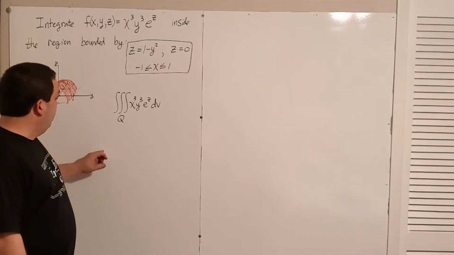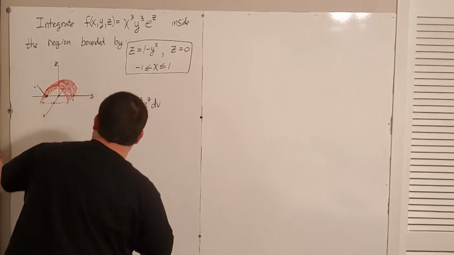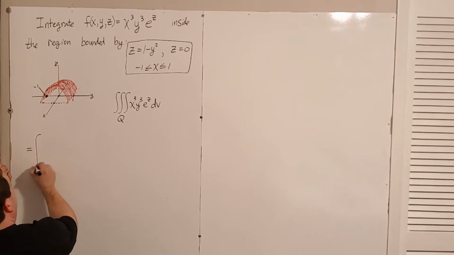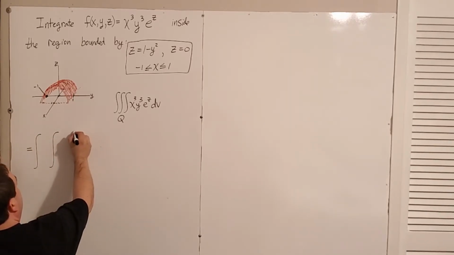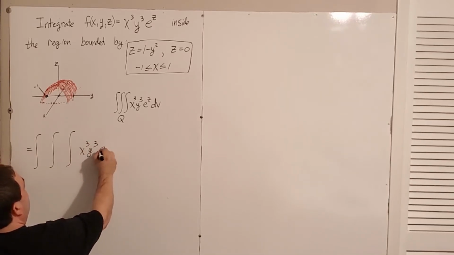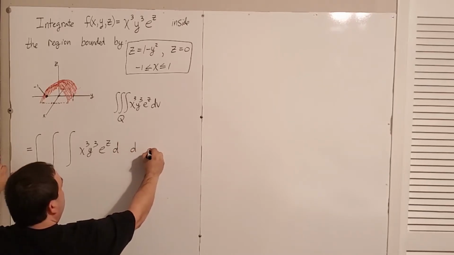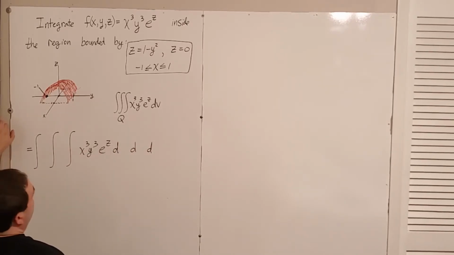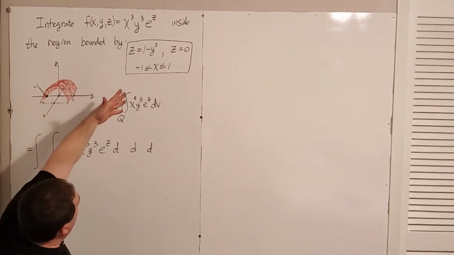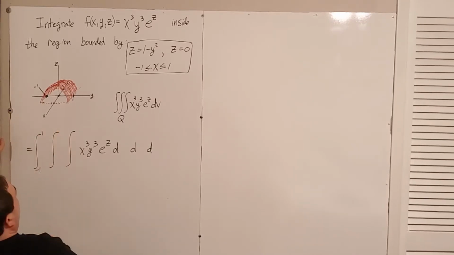All right? Well, that means I need to set up the iterated integrals now. I've got my three integrals, my function is still there, and then I'll have my three differentials to go along with it. Well, y and x are just bounded by numbers. Obviously, x being the most extreme one, it was given to us, -1 to 1.